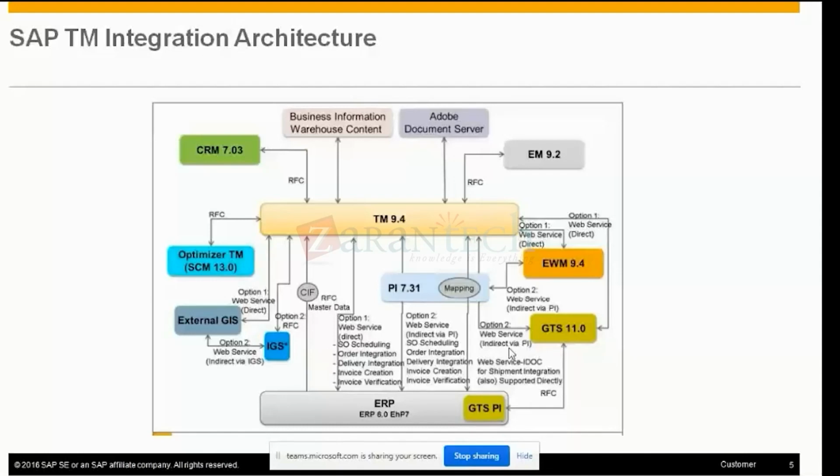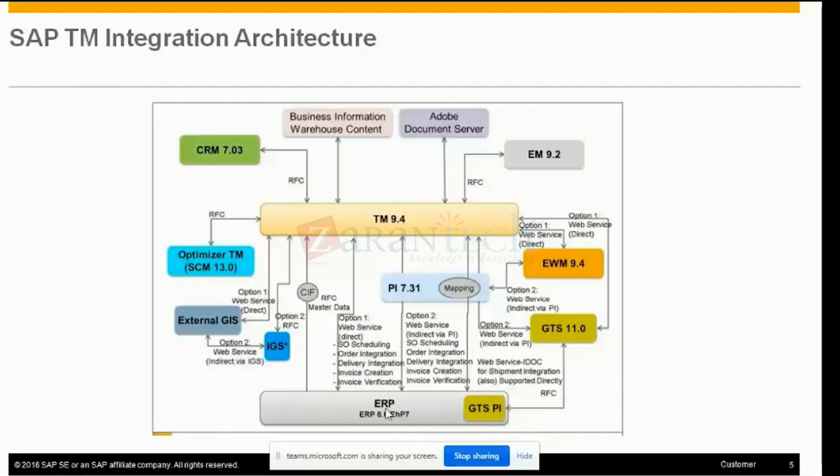Next comes the ERP part. I think more or less you will have an idea about it. If you are working in S4HANA, you can have both a sidecar as well as a decentralized version. When you are using S4HANA embedded, we don't need any mechanism to transfer your master data and transaction data because it is in the same system.